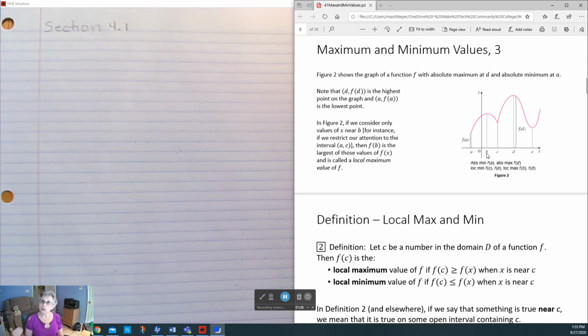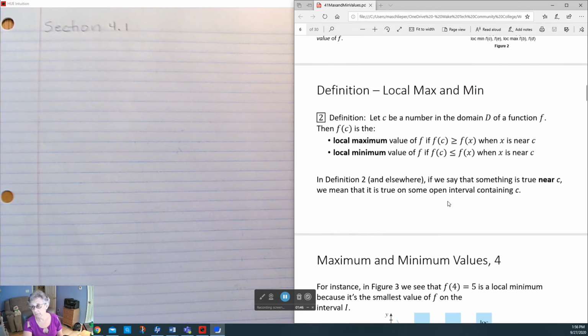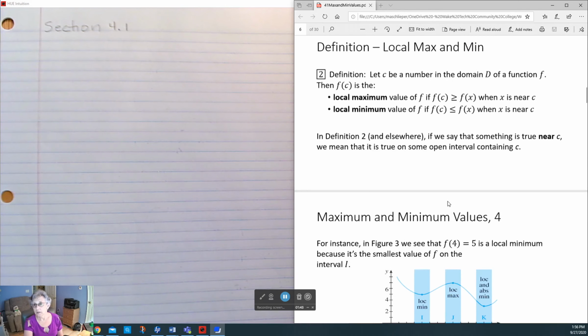And this book goes by the tradition that no local max or min can be at an endpoint. So you have to be able to draw a circle around it, and the entire circle has part of the graph inside of it.